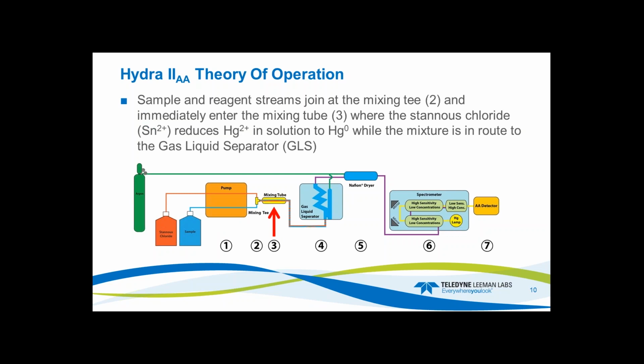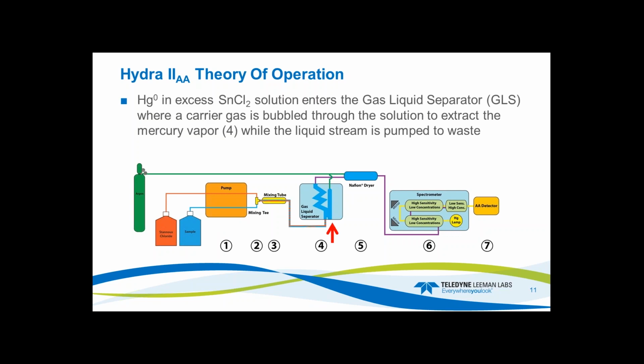The stannous reduces acidified mercury to mercury 0, or elemental mercury, while it's en route to the gas-liquid separator. At the gas-liquid separator, we bubble some gas through the system, and the elemental mercury is easily volatilized out of solution, and then it goes on to the naphthalene, and the waste stream is pumped down to the waste container.